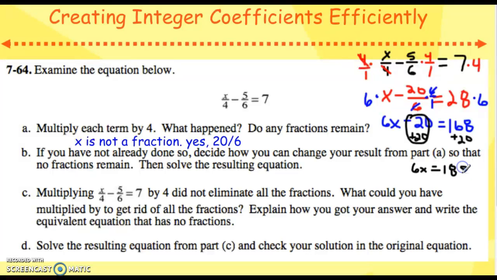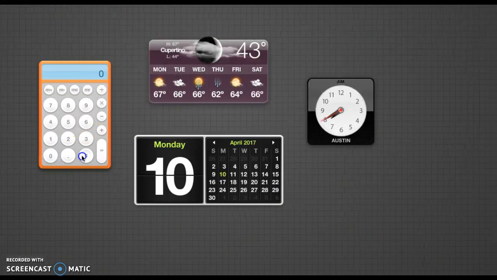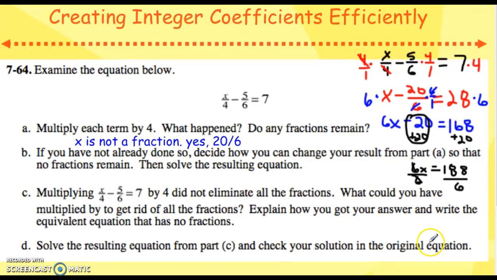Okay, now I need to divide both sides by 6 because I need to get rid of my 6 in my 6x, and to undo 6 times x, I'll divide by 6, so those will simplify. And then I have to do 188 divided by 6. I'll go back to my calculator. 188 divided by 6 equals 31.3 repeating.